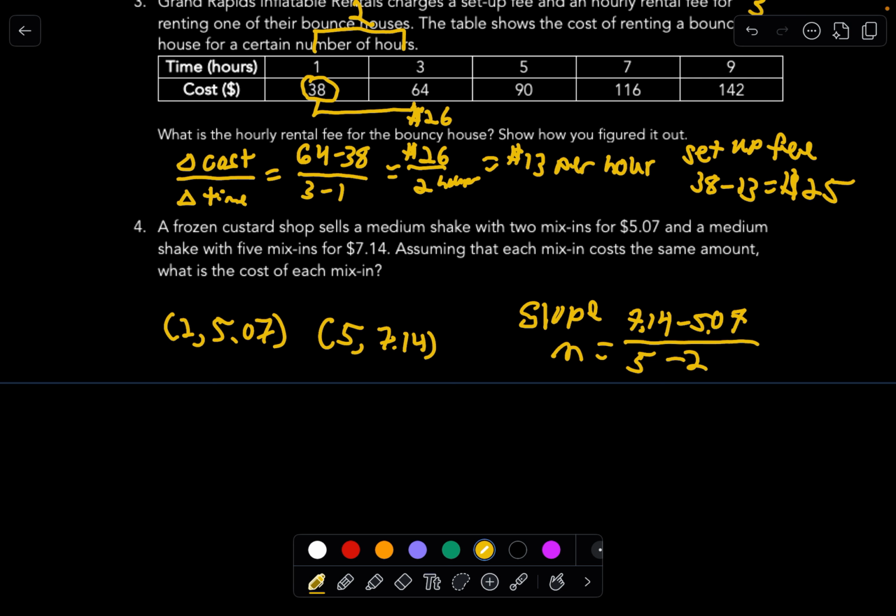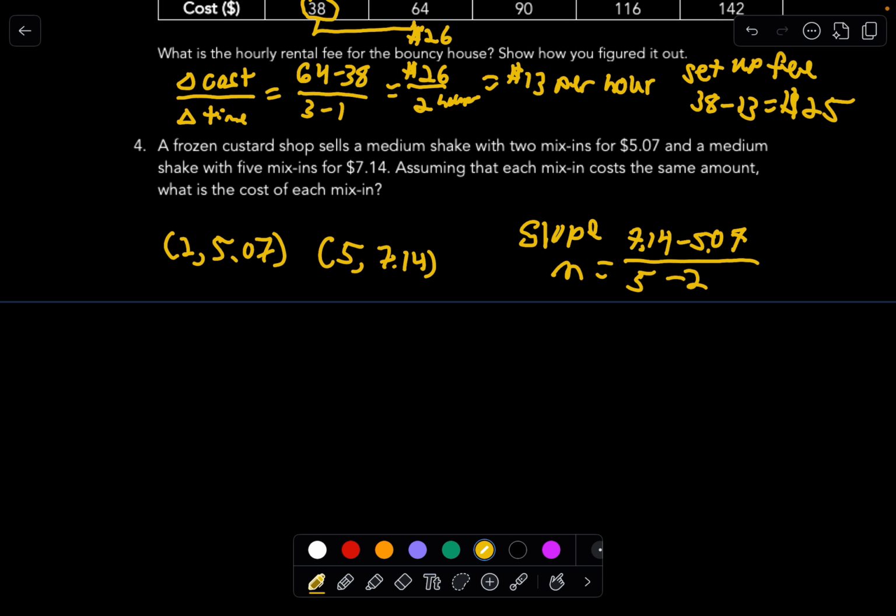So the difference in cost is going to be $2.07, I think. And then the change in the number of toppings is 3. And that works out to be 0.69. So that's 69 cents per mix-in or topping.